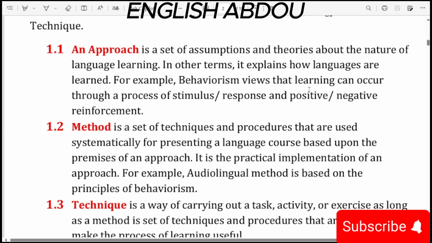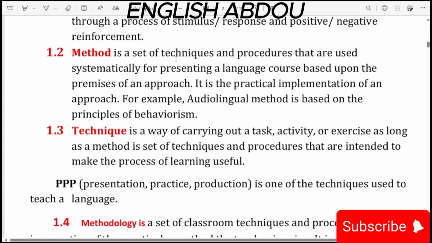A method is a set of techniques and procedures that are used systematically for presenting a language course based upon the premises of an approach. When we present a language in class, which method can we use inside class that can be effective in order to teach our students, as we will see in the next slides.